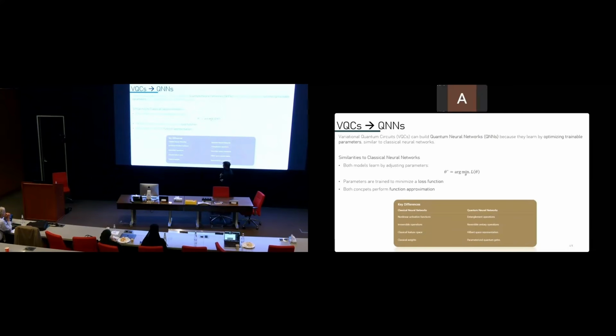So look, in the classical neural network, we have a nonlinear activation function that introduces nonlinearity. But in the quantum neural network, we have entanglement operations. In the classical we have irreversible operations, but the quantum is reversible unitary operations. By the way, I think I forgot to mention those unitary operations are reversible.